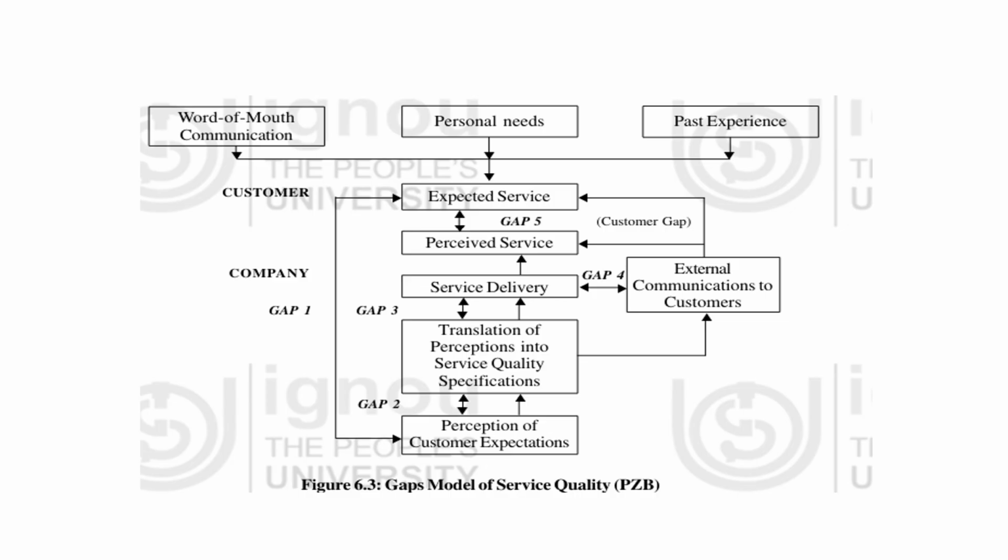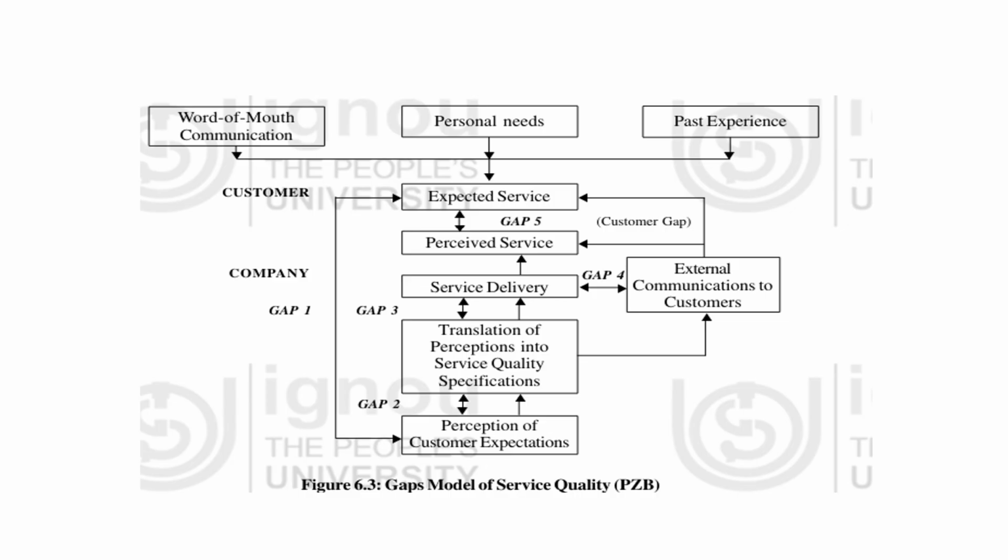And then on the company side, at the lower part of the figure, it explains the internal organization gaps that cause the customer gap. Now we see the knowledge gap, which I've explained earlier, the policy gap or standard gap, the delivery gap, and also the communication gap.